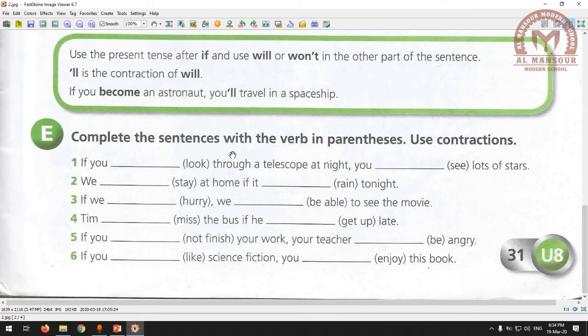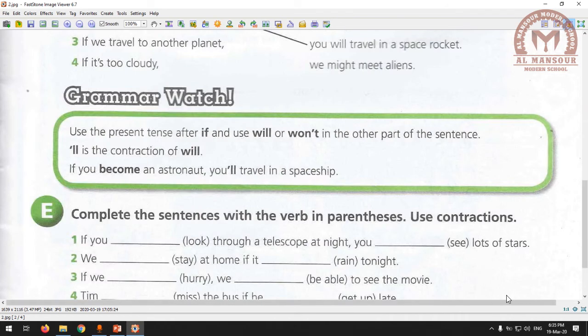Okay, complete the sentences with the verb in parentheses. Use contractions. Use what? Contractions. So we're going to use the short form of the verb. Okay, the first one.